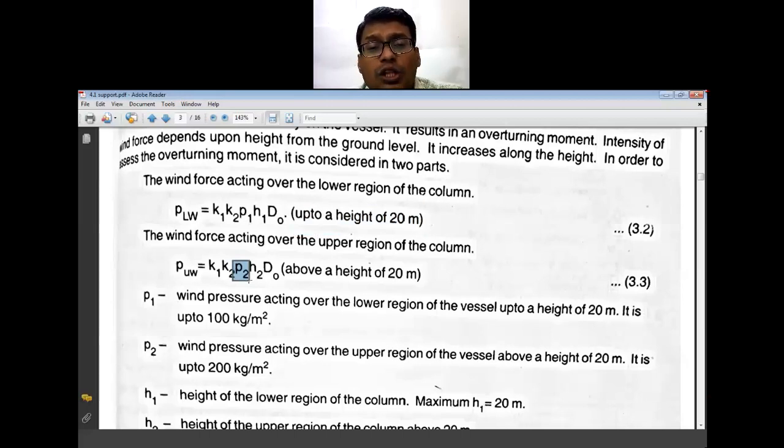The vessel is divided into two sections, up to the height of 20 meters and above 20 meters.